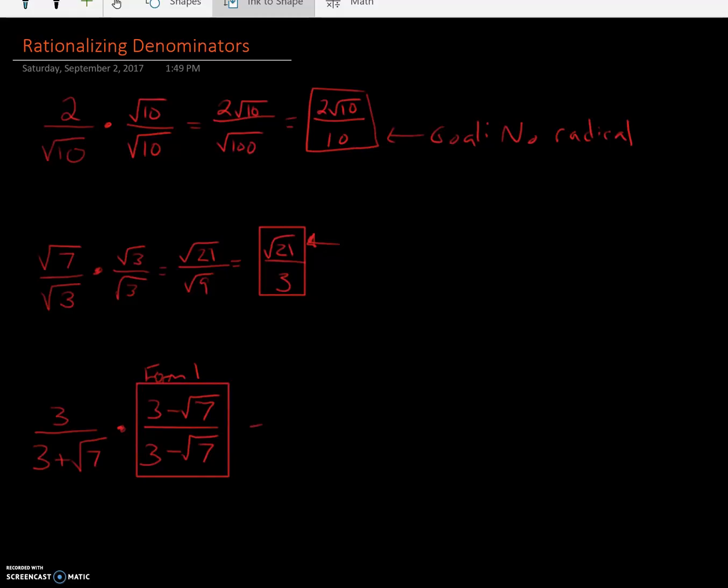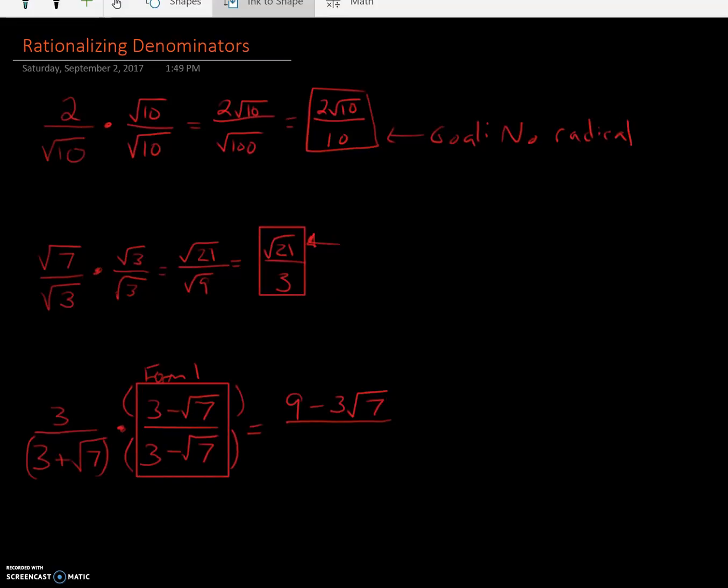Now if we take this, we can see that we're going to have a distributive property occurring on the numerator. So we got to distribute that 3. So 9 minus 3 root 7 all over. Now we've got, as most of you know, FOIL has got 2 terms times 2 terms.